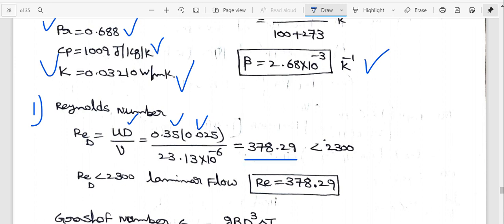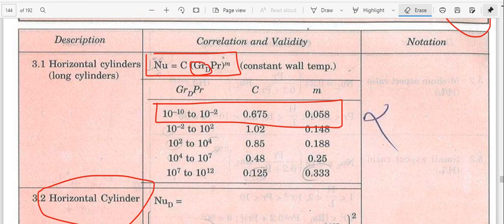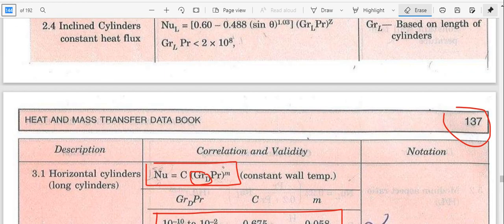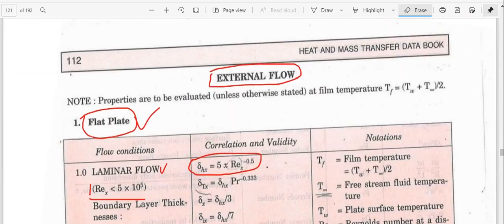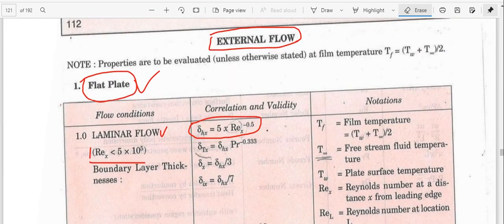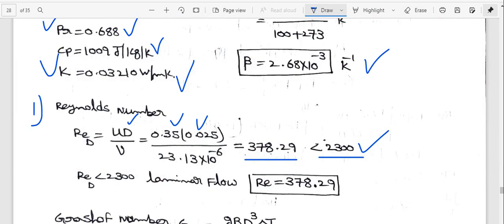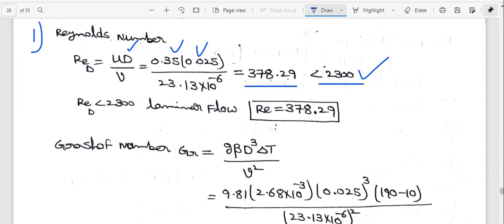This is less than 2300, so this is forced convection with laminar flow. The Reynolds number is less than 2000, so this is laminar flow.